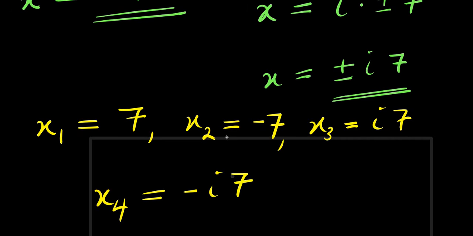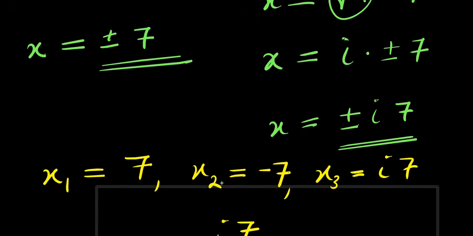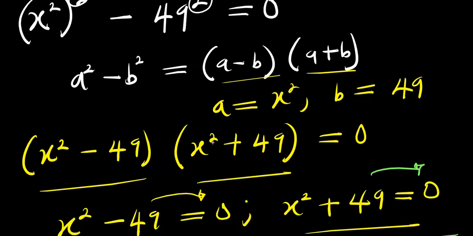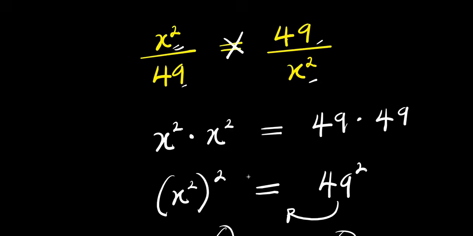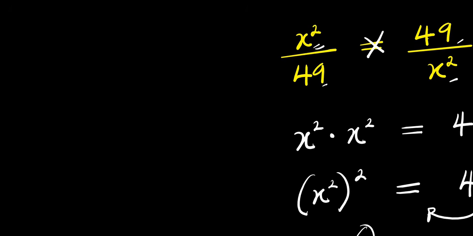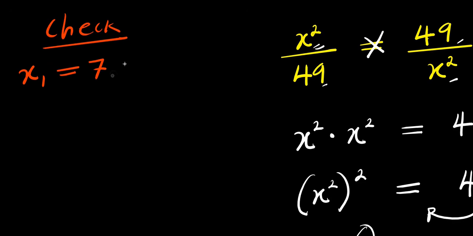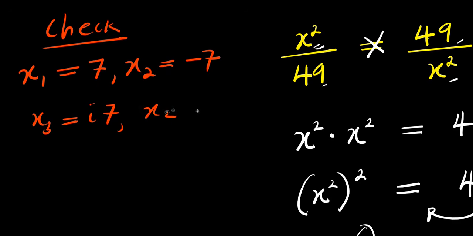So these are the 4 solutions, and what we are going to do is check and test each of these solutions, and see if they satisfy the equation. We have check: x1 equals 7, x2 equals negative 7, x3 equals i times 7, x4 equals negative i times 7.